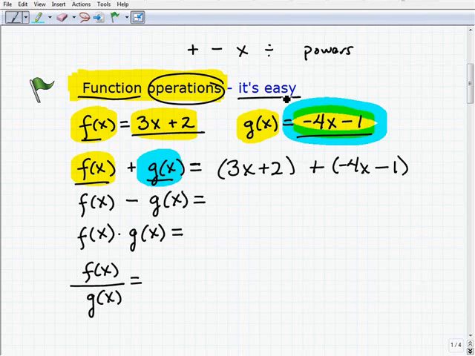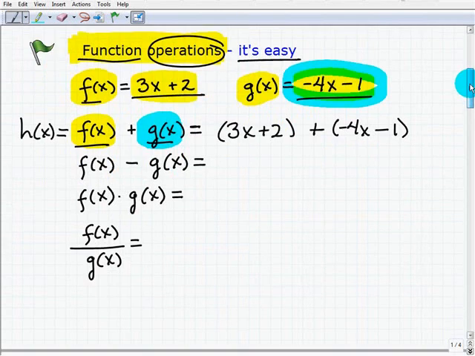Well, one thing I do want to bring to your attention is oftentimes when we perform a function operation, whether we add two functions or subtract two functions or multiply or divide, we often call the result another function name. So in this case, for example, maybe I want to call the result of adding these two functions a new function called h of x. All right, so you might see that also in some problems. I just want to make sure you're aware of that.